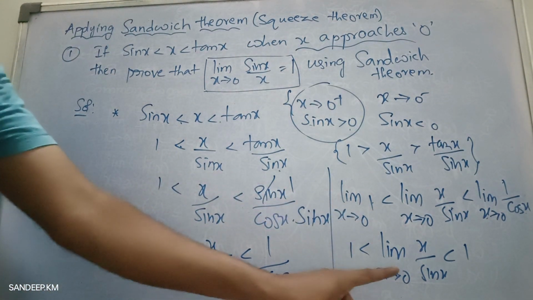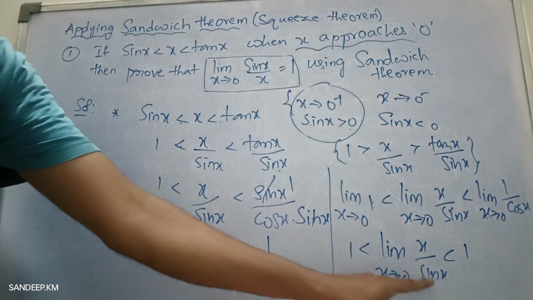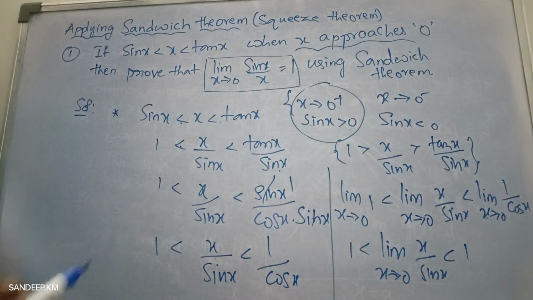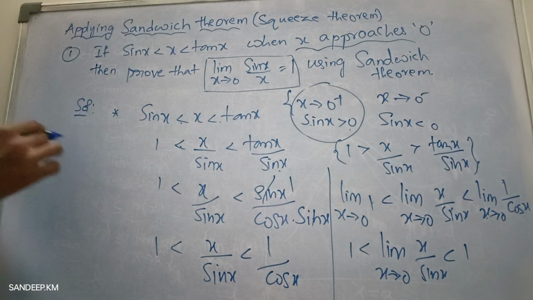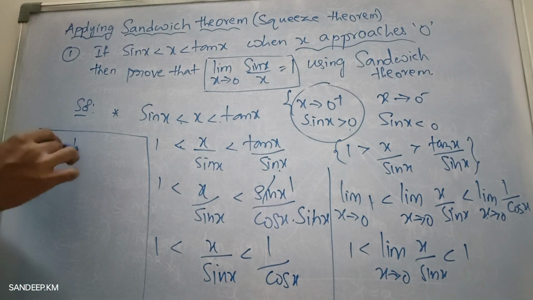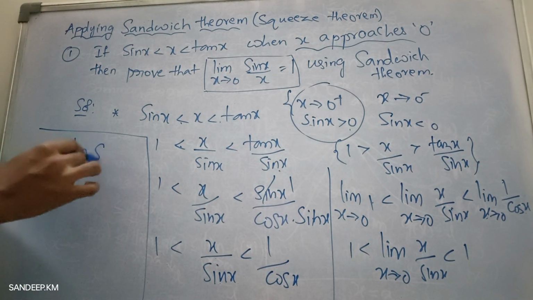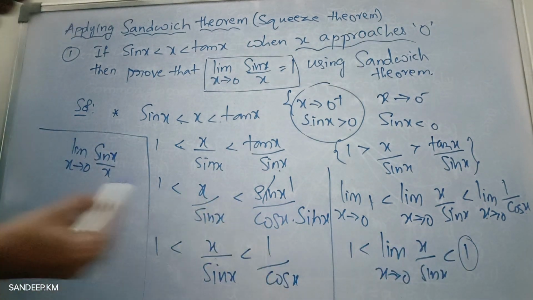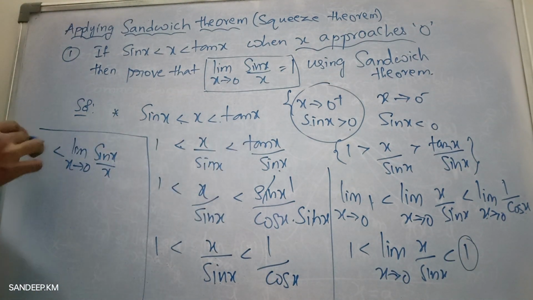So understand that the limiting value of x by sin x is sandwiched between 1 and 1. And if I take reciprocals, what happens, dear students? When I take reciprocals, I am just continuing here. So then limit x approaches 0, sin x by x, okay, and this number's reciprocal will come on the left side. 1 reciprocal is 1.